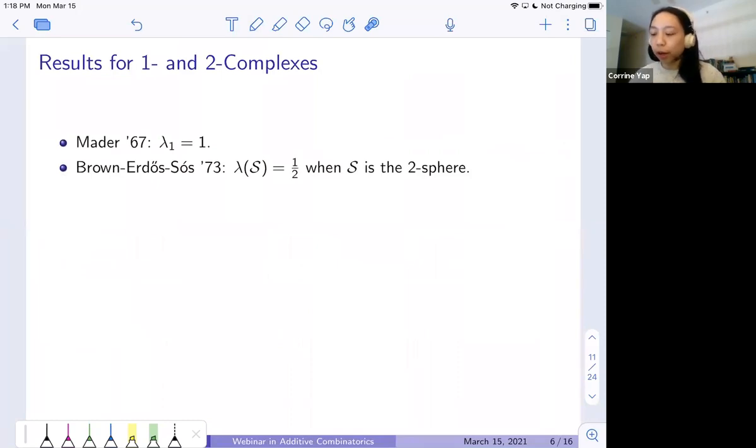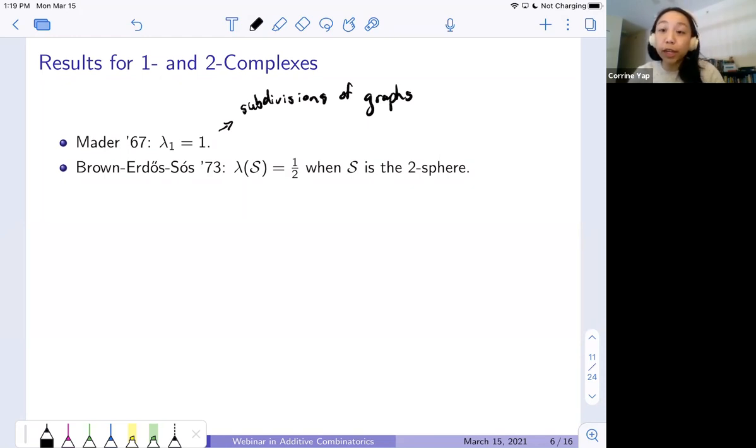The first was by Mader in 1967, and he showed the exact exponent for lambda 1, which is for just normal graphs. So this is guaranteeing homeomorphs of normal graphs, and homeomorphs correspond to subdivisions of graphs. Mader didn't phrase his results in terms of topological Turán.